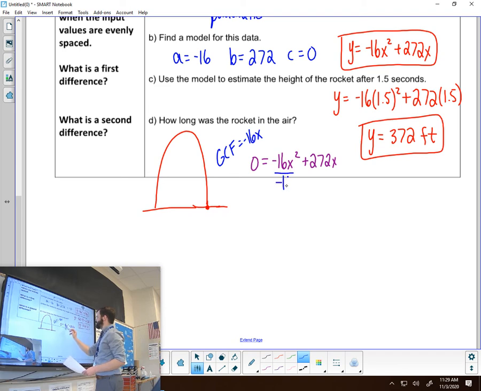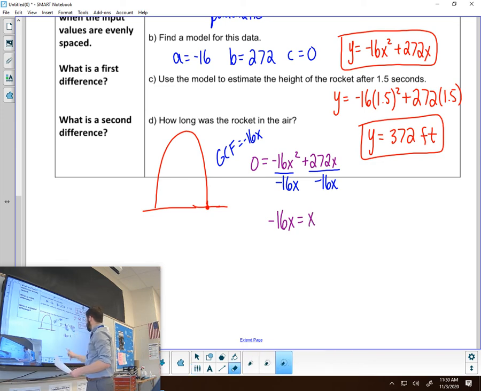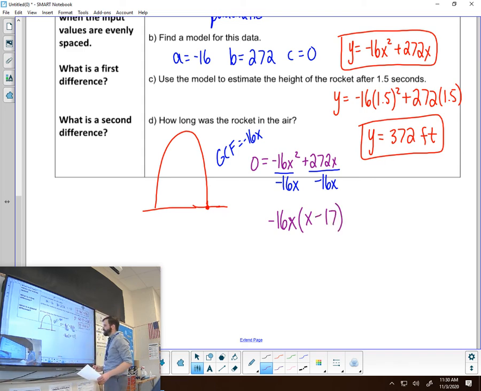So we're going to divide this first one by negative 16x, divide the second one by negative 16x, and we're going to get negative 16x in front times x minus 17, because 272 divided by negative 16 is negative 17.